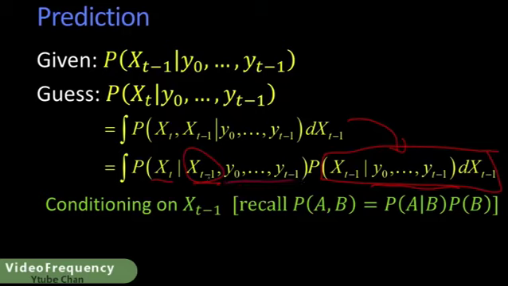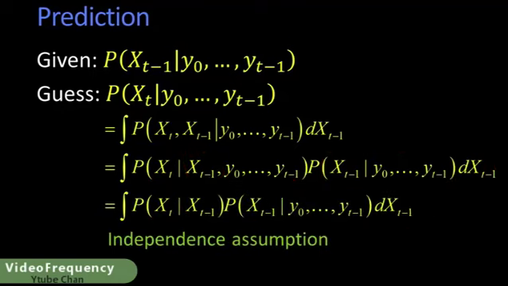So I'm just applying the conditioning property to that integral. And then I can use that independence assumption that we said before. Remember, the independence assumption is that if I want the probability of xt and I'm given the previous state and a bunch of other things, those other things don't matter. The only thing that matters is that previous state. That's our dynamics model. So basically we have two things here.